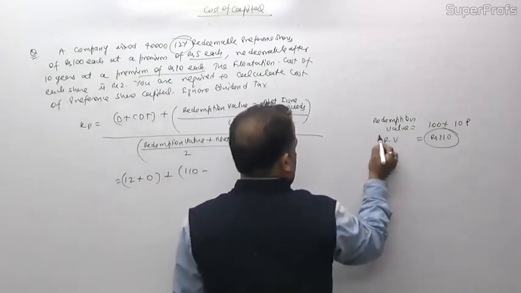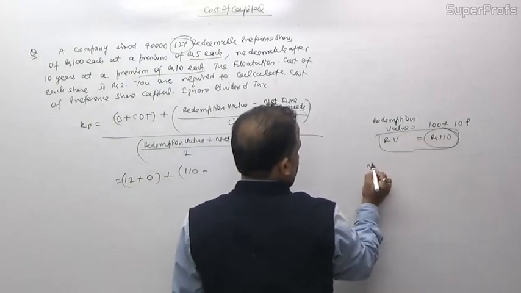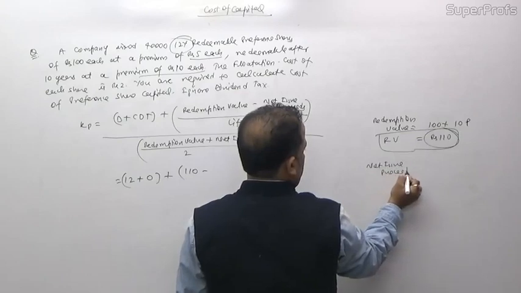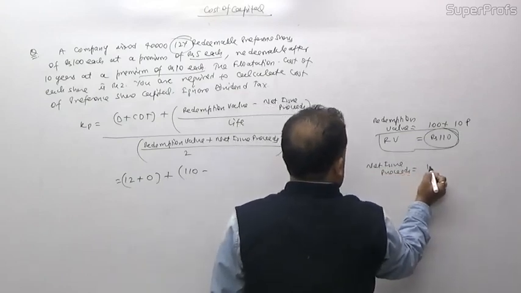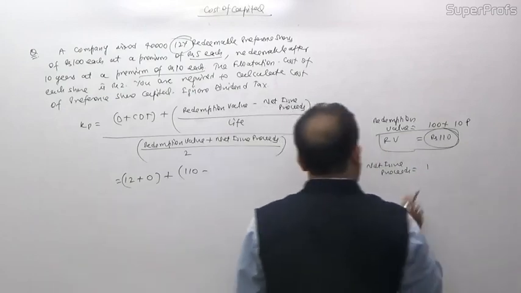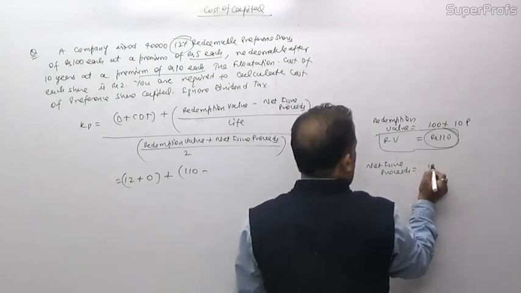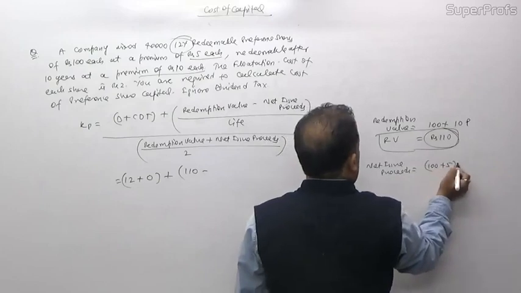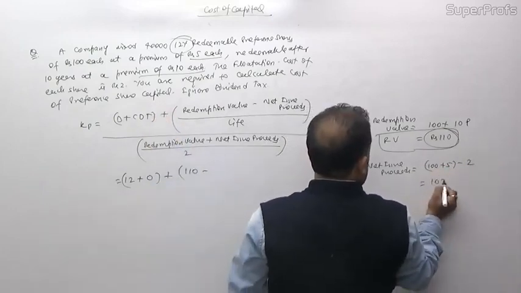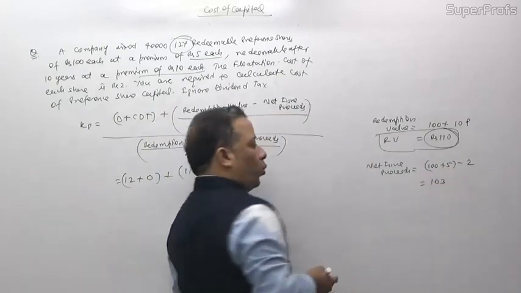Net issue proceeds: the shares are issued at 5 rupees premium, but the flotation cost is rupees 2. So the balance left is 103.